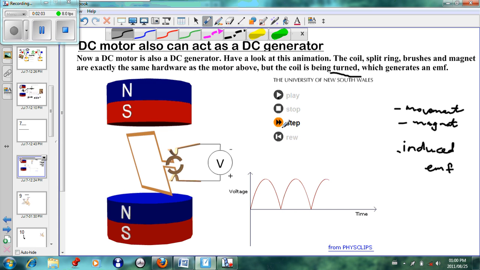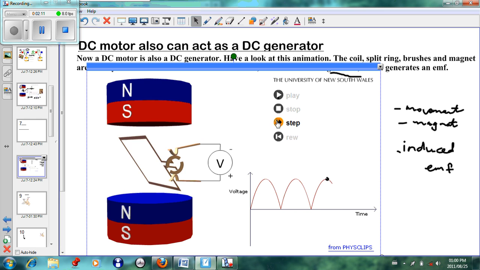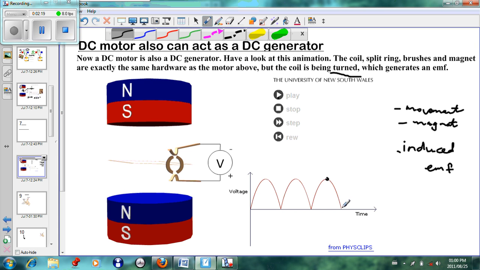As you can see here, you get maximum. And when it is horizontal and the wires are furthest away from the magnet, like it is now, we get minimum EMF, as we can see in this case here.